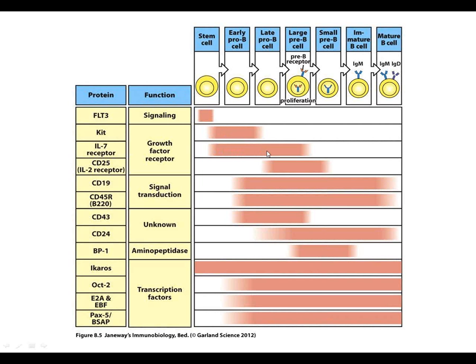We talked about IL-7 as it's getting to later. CD25, or the IL-2 receptor, then kicks in. But there are a couple that are important as well in order for the B cell receptor to express, namely E2A and EBF, PAX5 and BSAP.